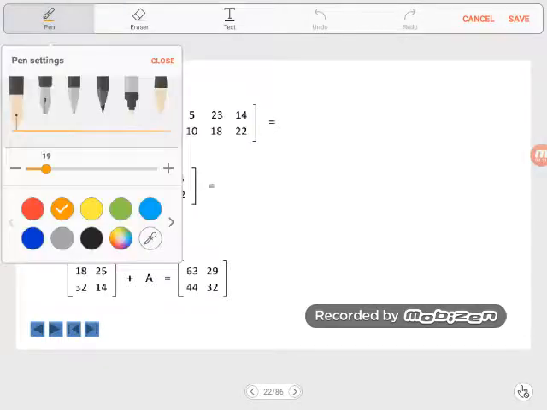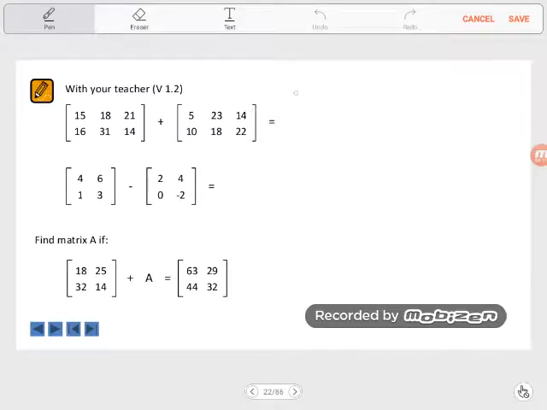Okay, so this one here. First one is 15 plus 5, which gives 20.